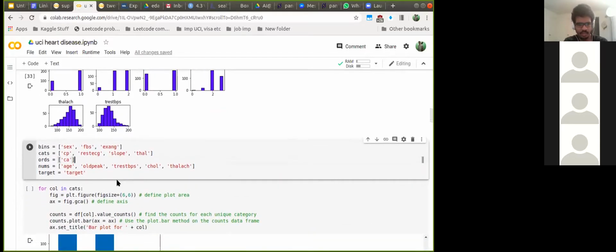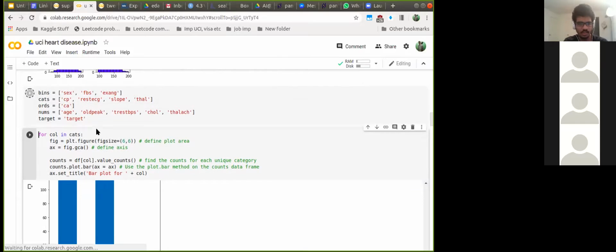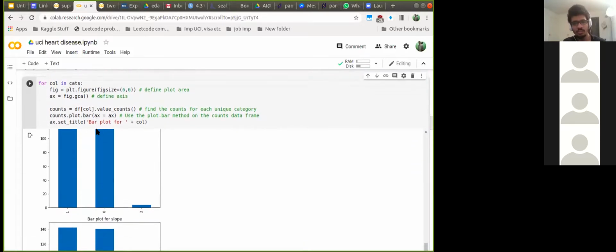I've separated them into categorical, numerical, ordinal, and binary. This is similar to what we did in the previous notebook, but this time I want you guys to use this EDA for feature engineering. You can try right now or later, because I'll keep this sharing link open, and you could try stuff.